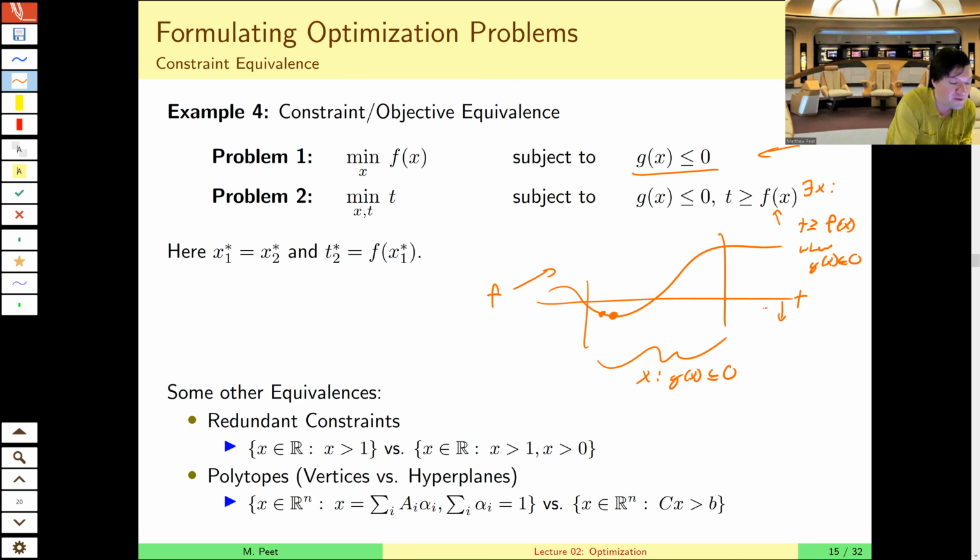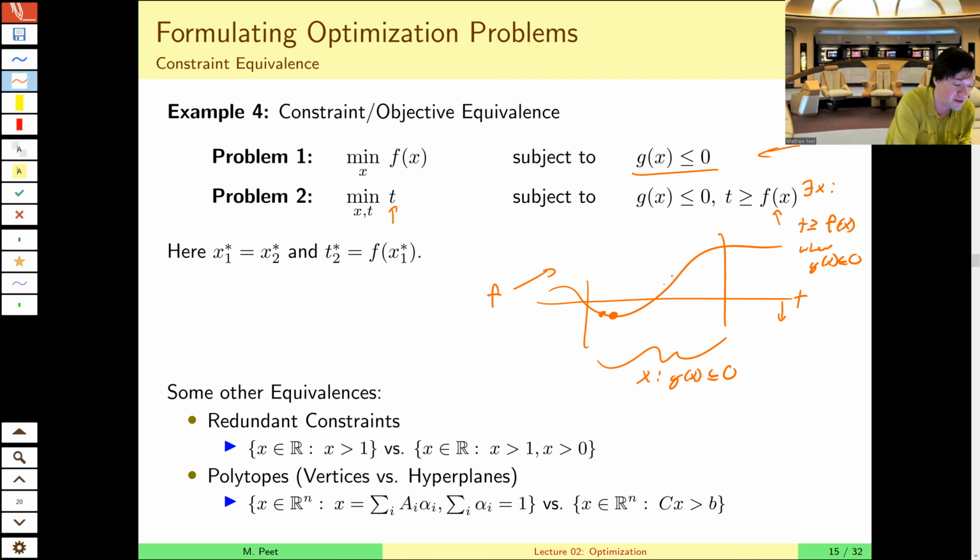So we can find the least upper bound on f which is feasible. This allows us to transform our objective function to something which is maybe linear, whereas the original objective was nonlinear.